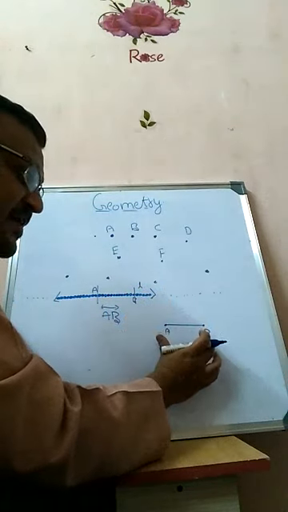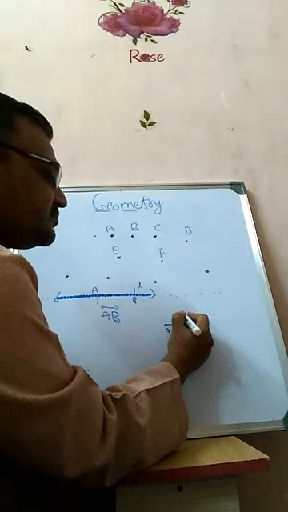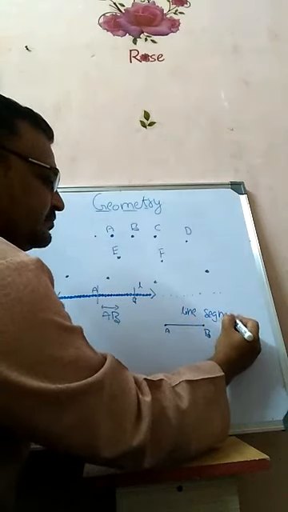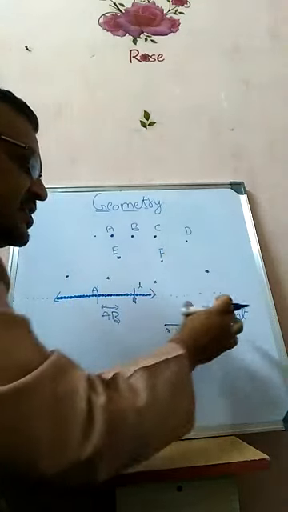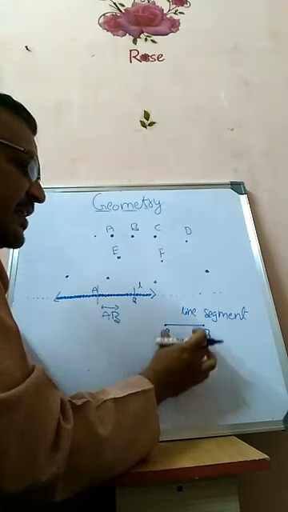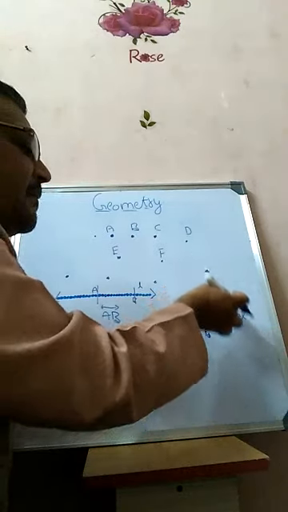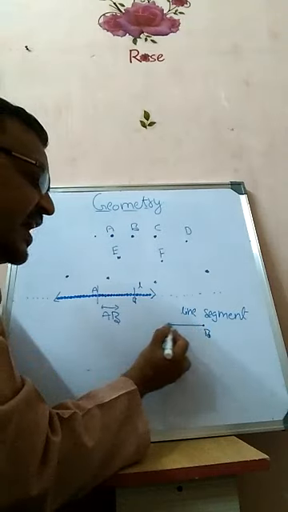And the name of this figure is line segment. Segment means part. So it is a part of line. So we are calling this one line segment. That means line part. Line segment it is. So clearly it has endpoints.